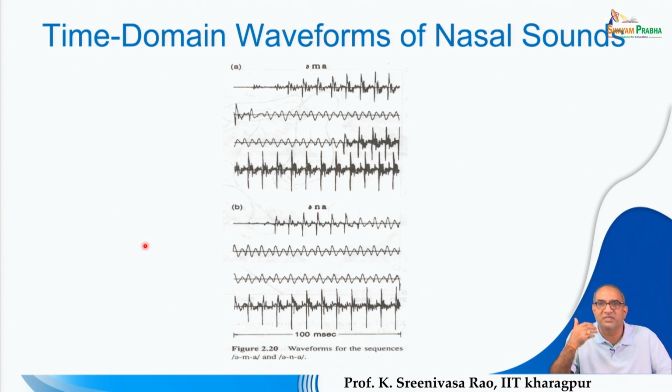But as these are nasal sounds, the acoustic pressure variations are released from the nostrils, the nasal cavity, not from the oral cavity. That way these are known to be nasal sounds.